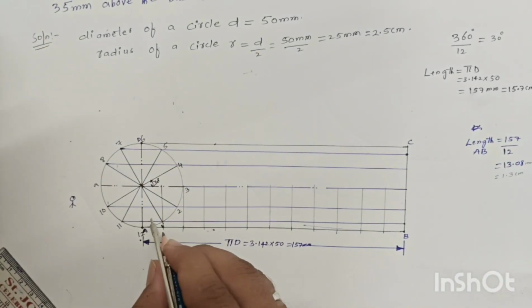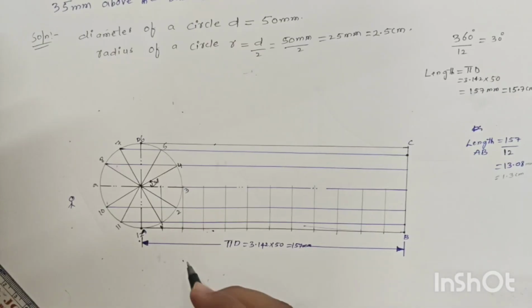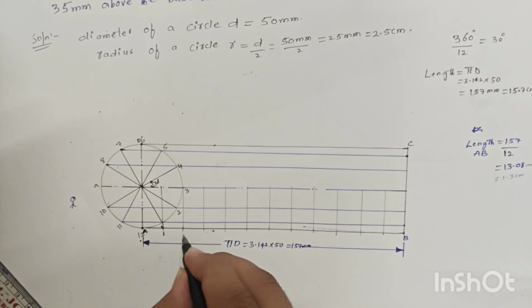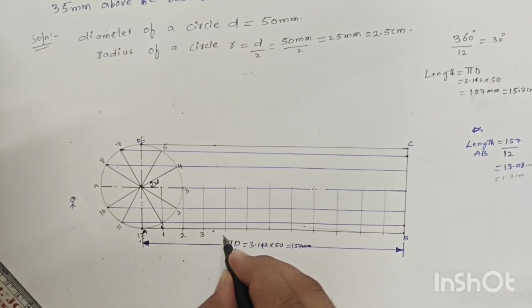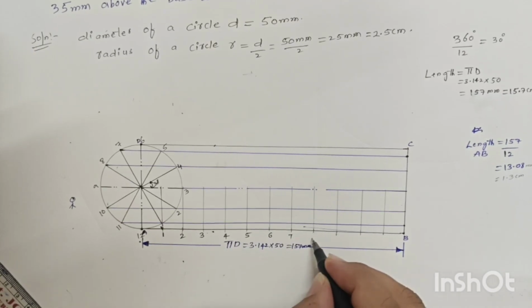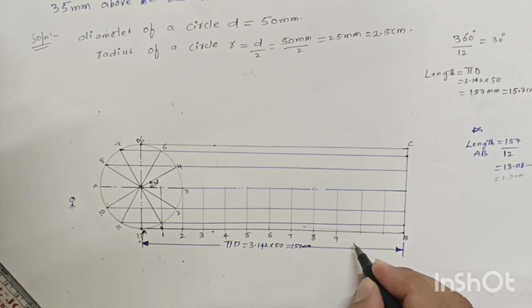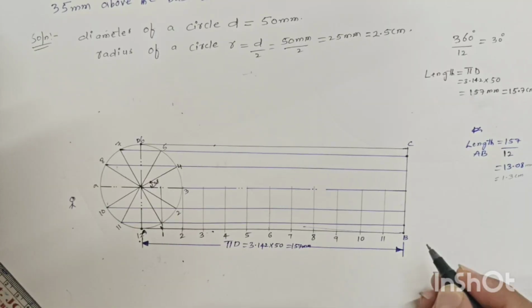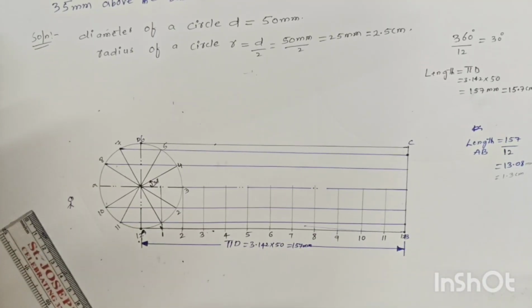So we have to give the specific points like 1, 2, 3, 4, 5, 6, 7, 8, 9, 10, 11, and this is 12.